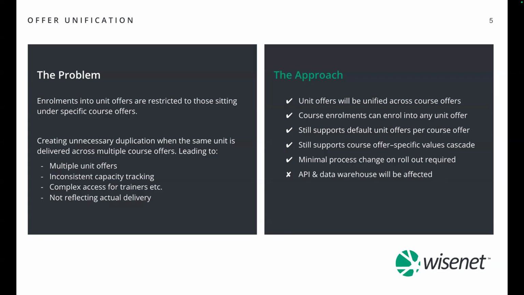So you've got 3 separate lists of learners. And finally, it doesn't actually reflect how you deliver, as I was saying previously. You usually deliver with one full offer, and then complete that piece of learning through there.